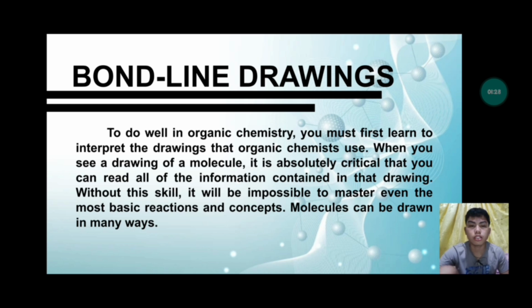And molecules can be drawn in many ways. So here, this emphasizes the importance of mastering bond line drawings to succeed in organic chemistry. And understanding these drawings is crucial for grasping molecular structure, which is essential for learning reactions and concepts.